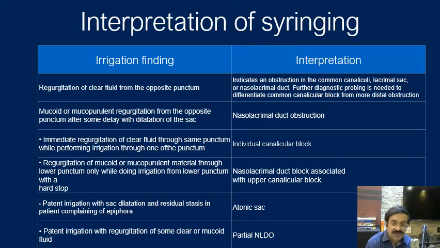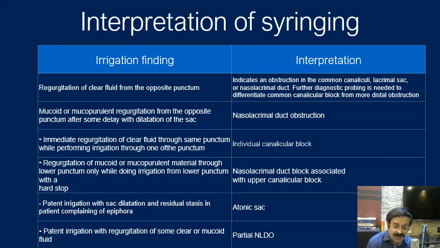Now, how do you interpret and arrive at a conclusion about at what point the blockage is? Suppose you have a regurgitation of clear fluid from the opposite punctum. This is a scenario. So what do you interpret out of that? It means that the obstruction is in the common canaliculus, the lacrimal sac or the nasolacrimal duct, could be anywhere.